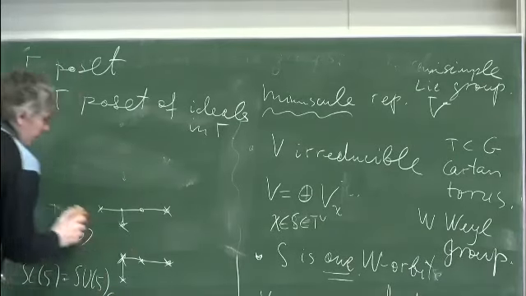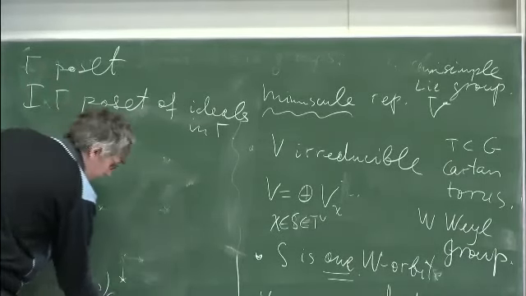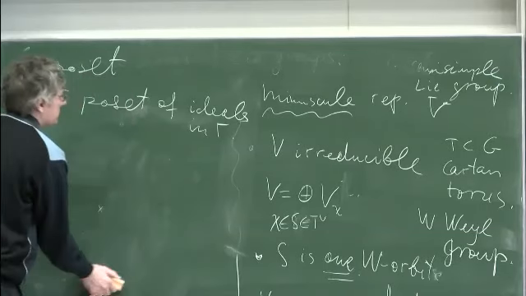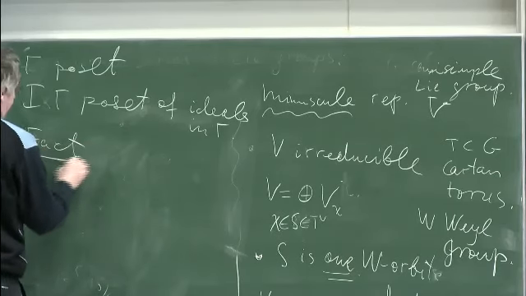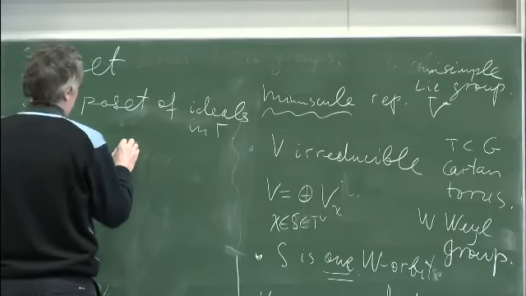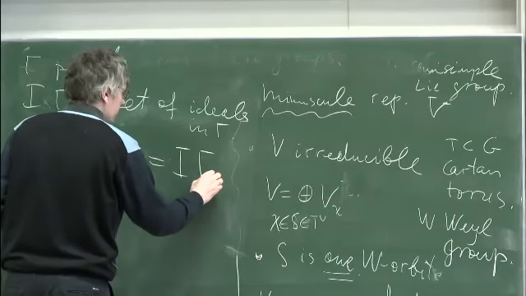An ideal is a subset which, together with every element, contains all descendants of this element. So the claim is that gamma X is the set of ideals in gamma Z.